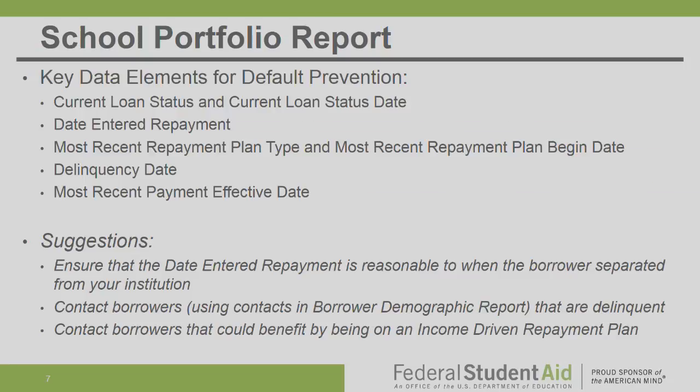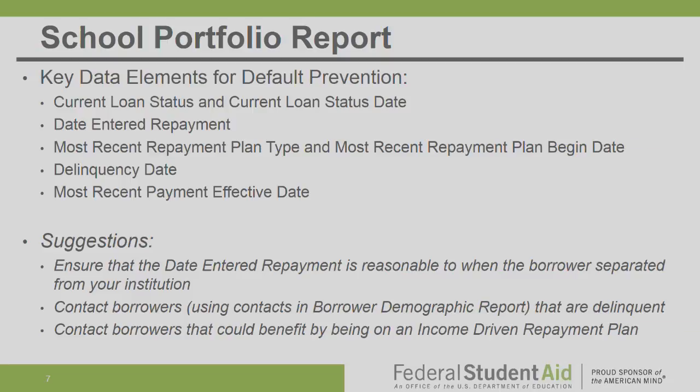We also have the date entered repayment. The date entered repayment on a regular FFEL or direct loan is separation plus the grace period plus 1 day. If it's a PLUS loan, and we do include PLUS loans in the report as well, it's going to be the day that the loan was fully disbursed.